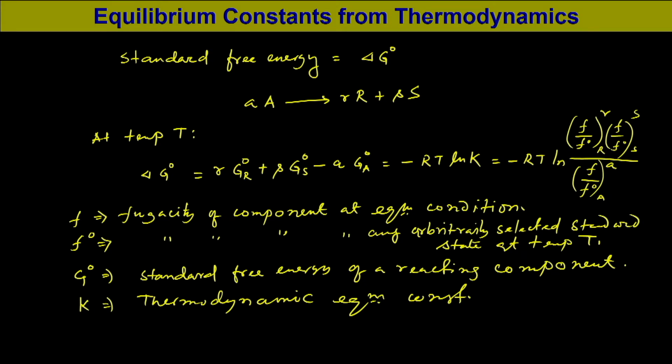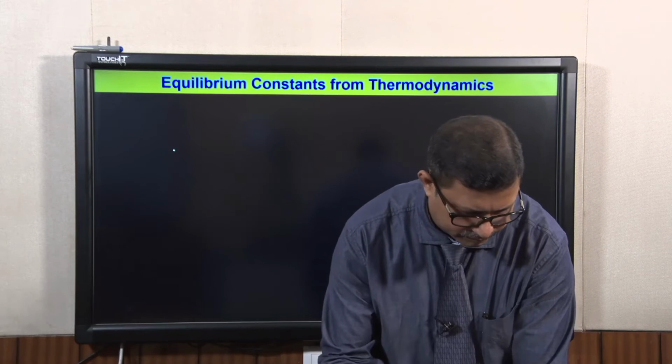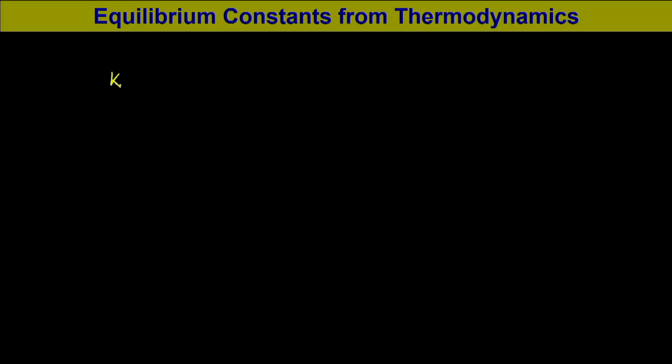Now, for convenience we can define Kf in terms of the fugacity, the equilibrium constant, as f R to the power r, f s to the power s, divided by f a to the power a.